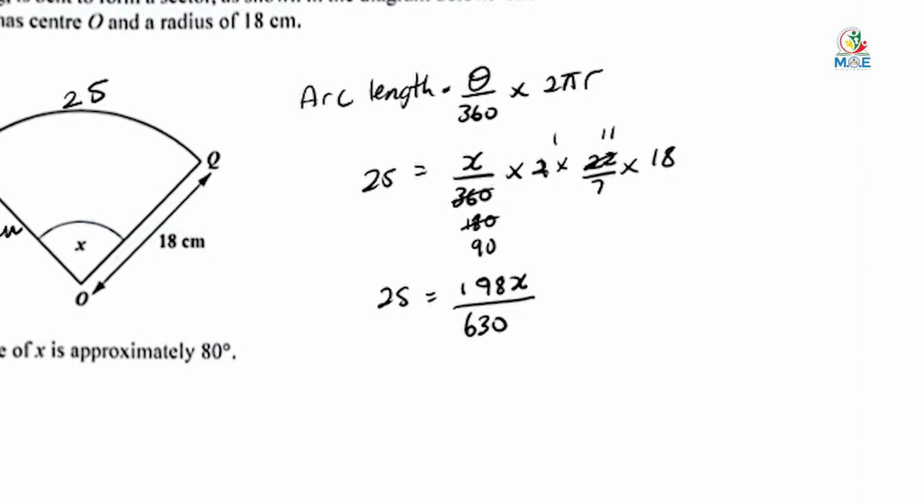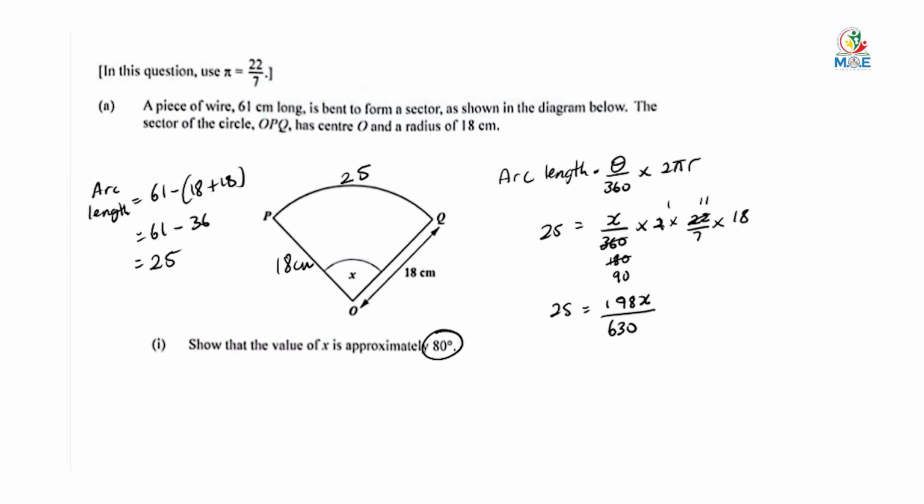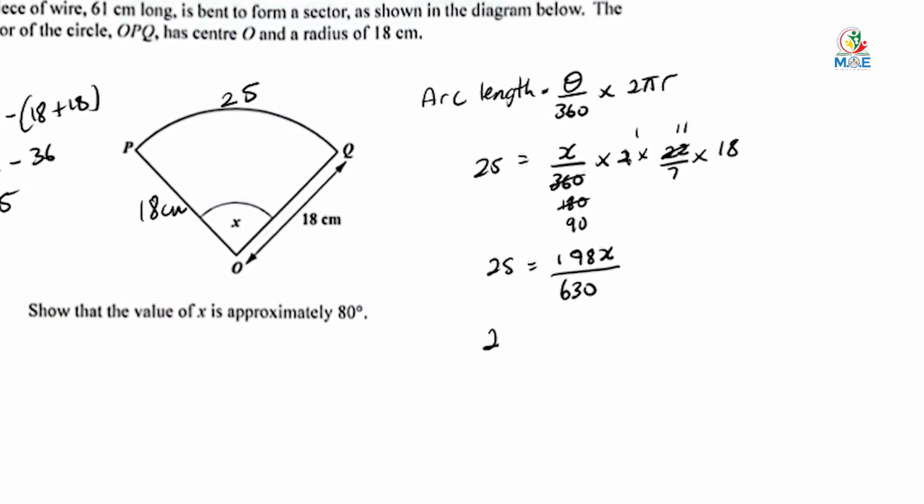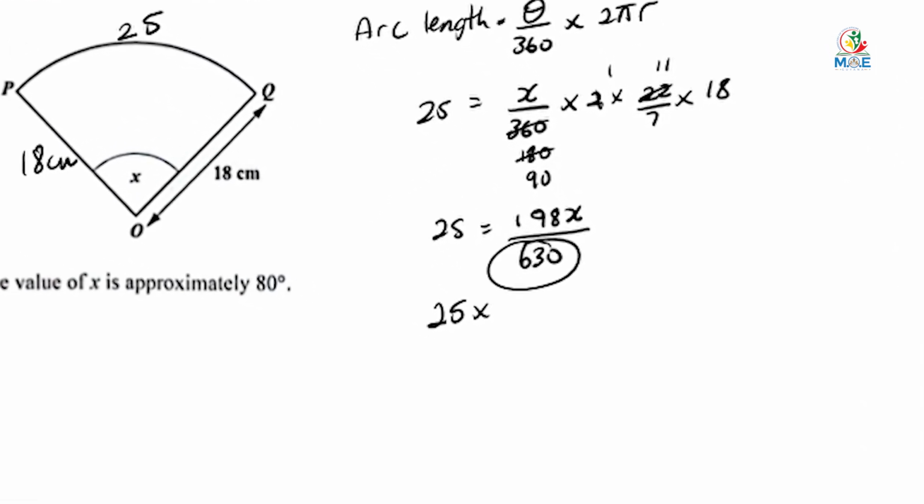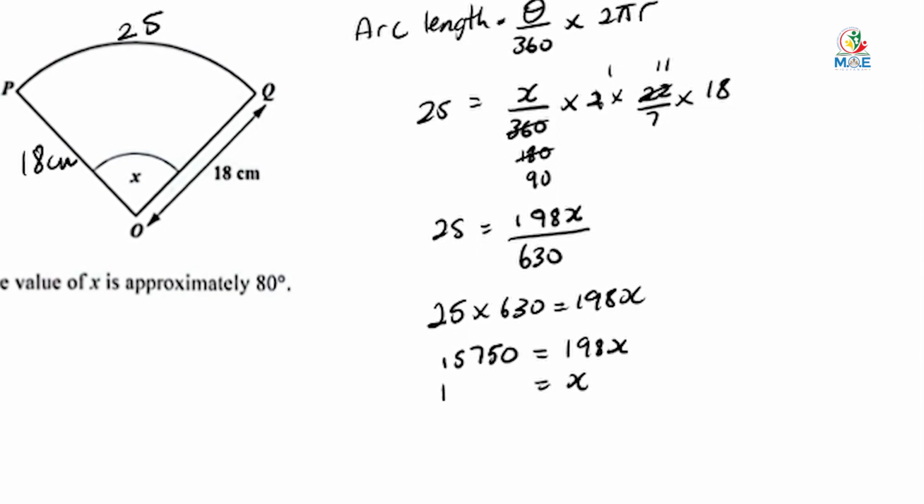In order to solve for x, which should be approximately this here, we'll have 25 multiplied by 630 is equal to 198x. So 25 multiplied by 630 gives 15,750, which is equal to 198x. Therefore, x will be equal to 15,750 divided by 198.